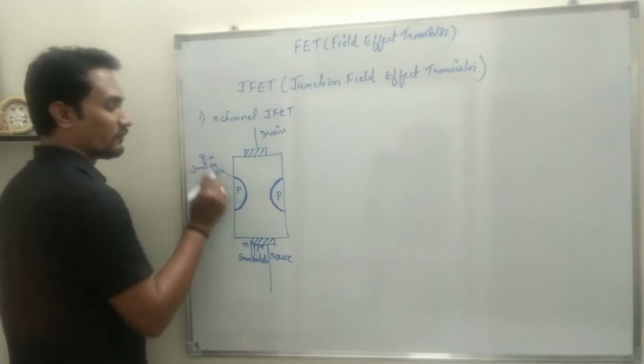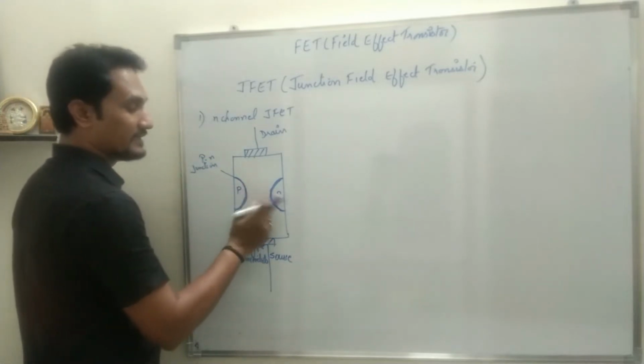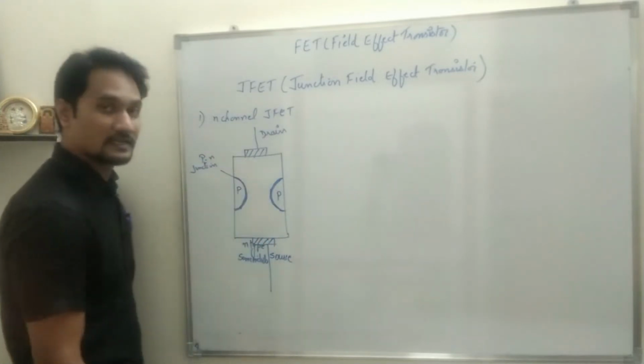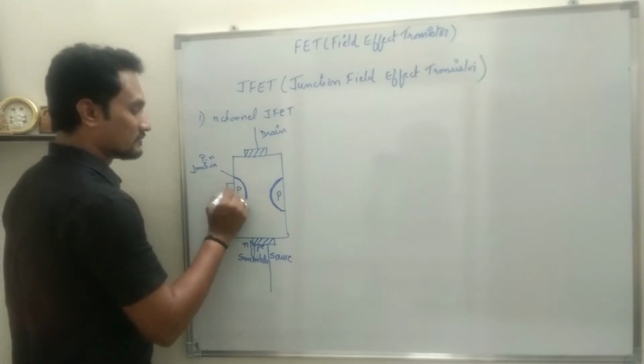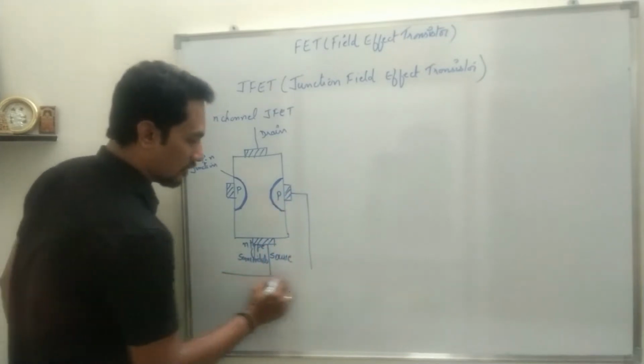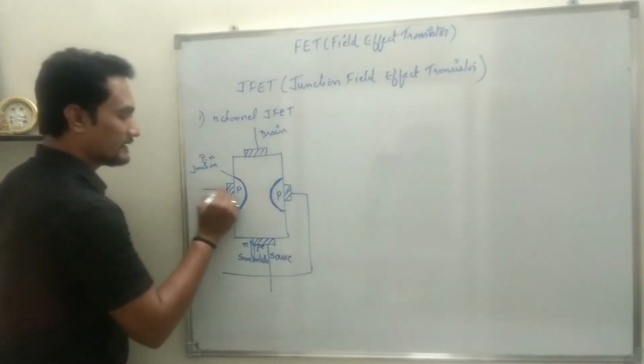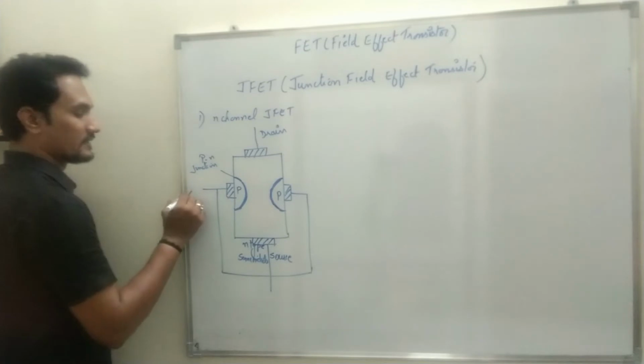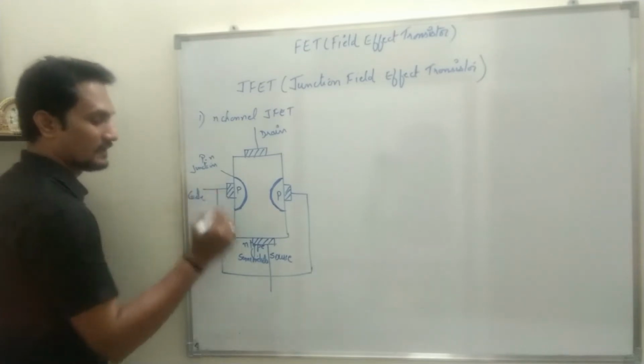That means you form two p-n junctions on either side of the n-channel JFET. These are the other two terminals, but they are always internally connected, and this terminal is called the gate.